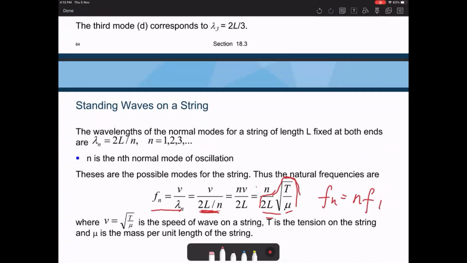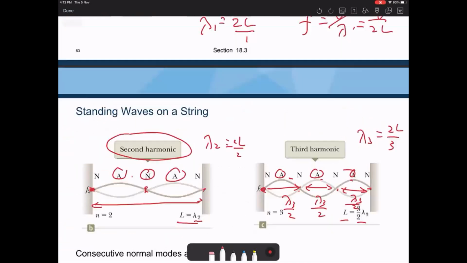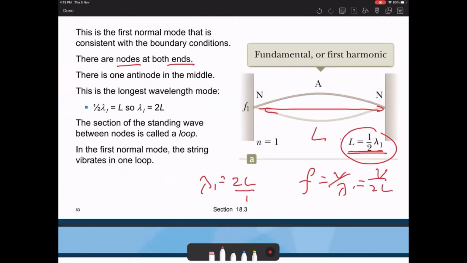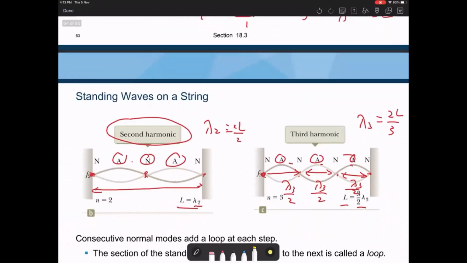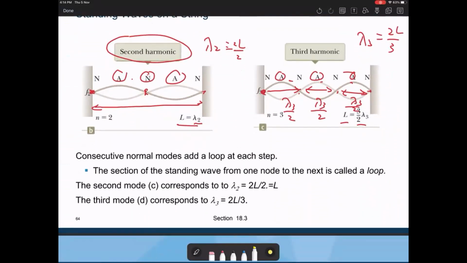F1 is the frequency of the fundamental here. So the frequencies of various standing waves are related to one another in the case of a string fixed at two ends.